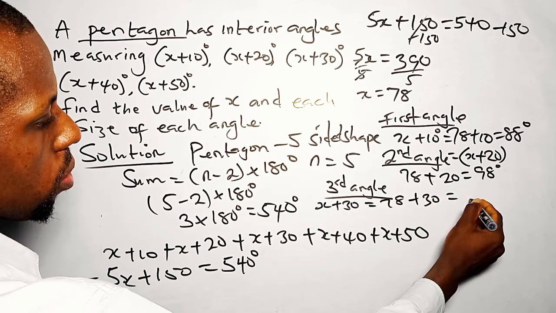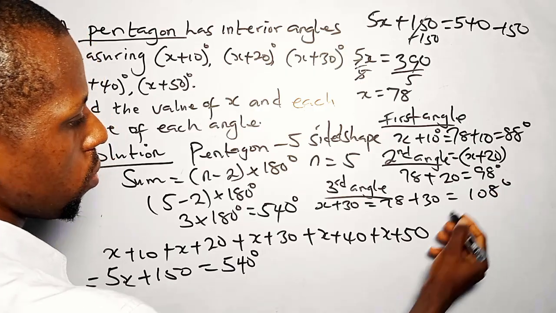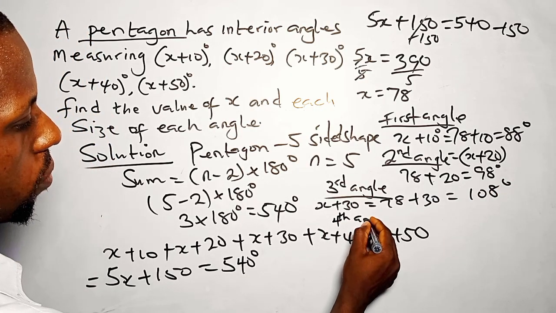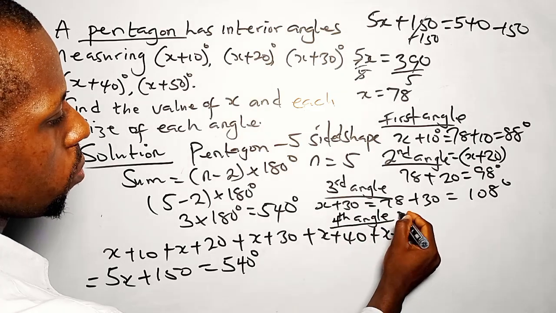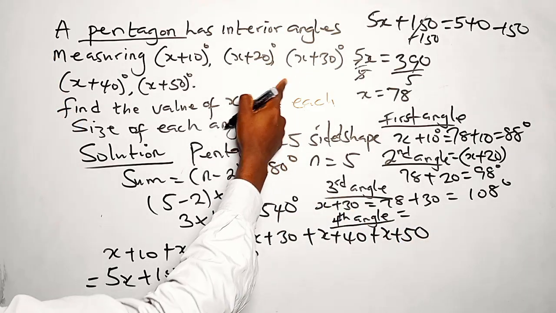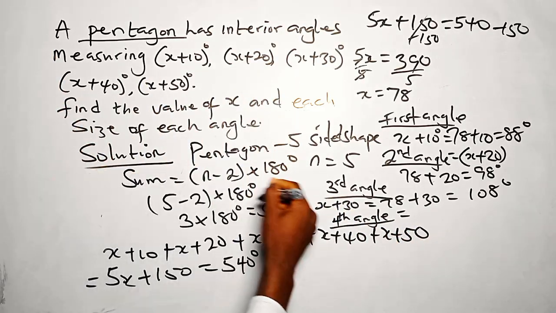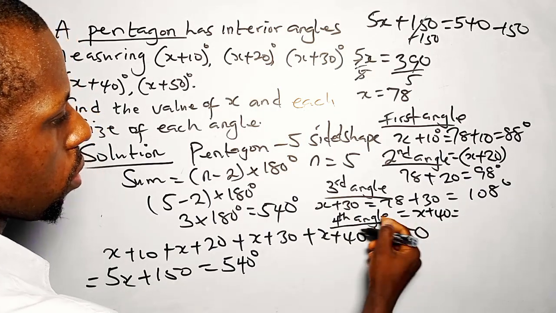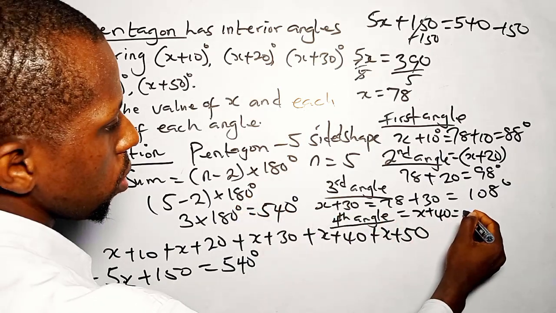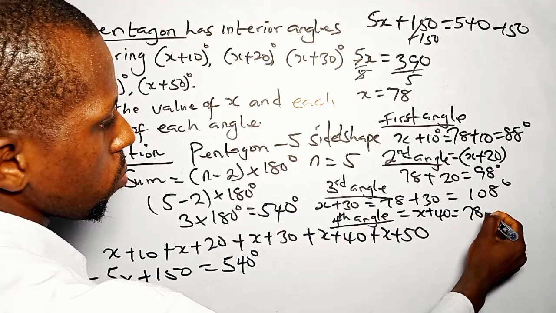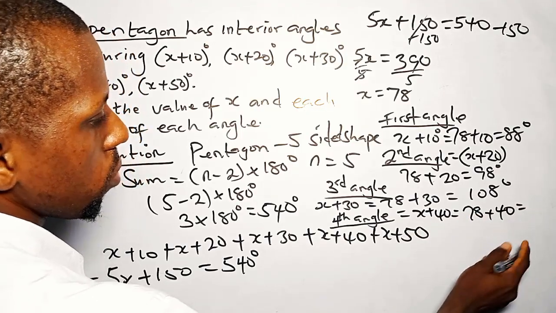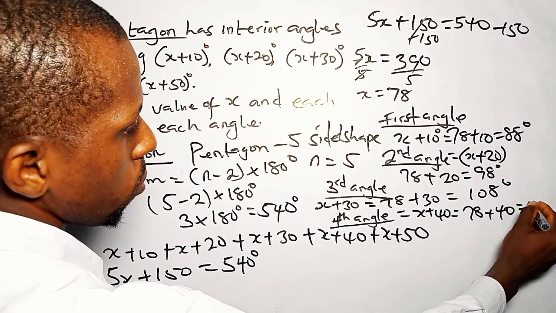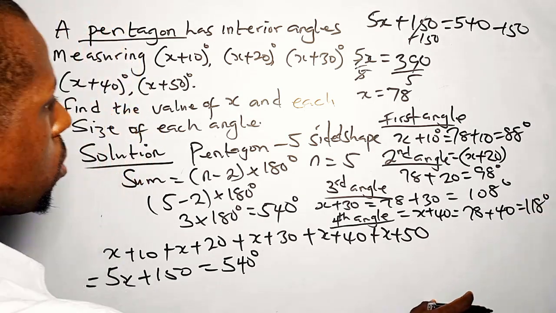That gives 108 degrees when we add it up. For the fourth angle, we have x plus 40, so 78 plus 40 gives us 118 degrees.